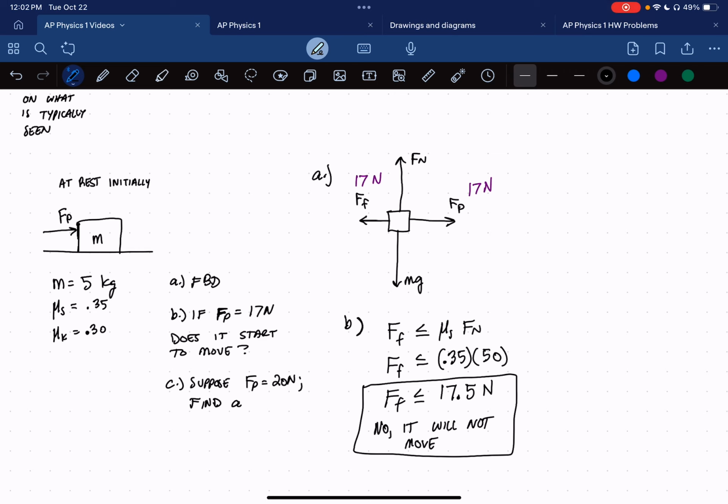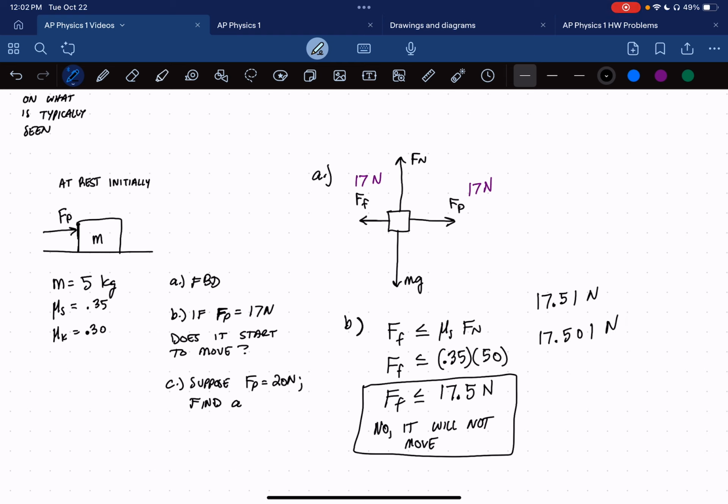And think about that for a moment. In class, when I ask people that, the minimum amount of force, they might say, well, we just need to get a little bit larger than 17.5. So somebody first said 17.51 newtons of force. Someone said 17.501 newtons of force.